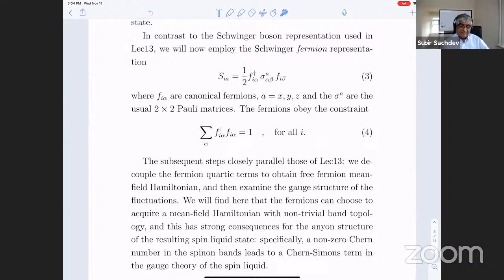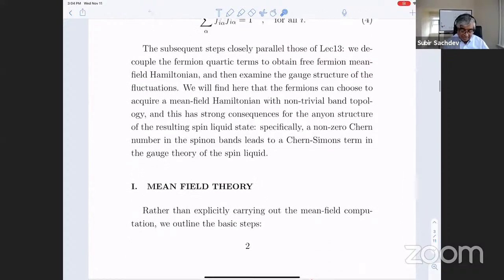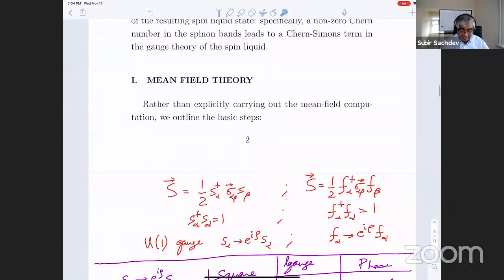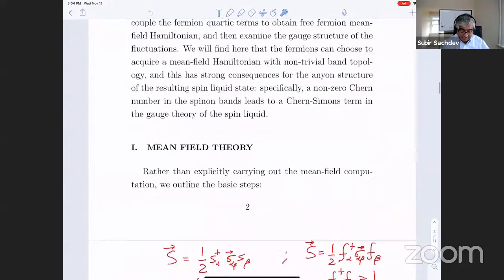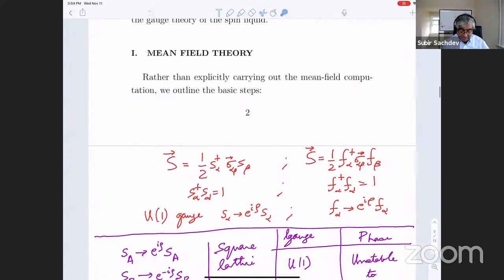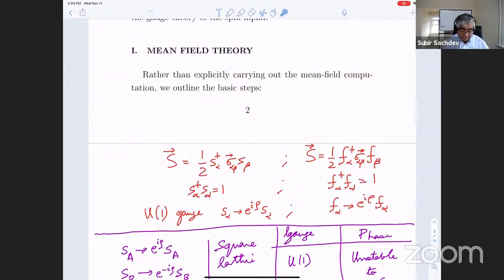No, as you can see from the way we proceed, we just guess some effective Hamiltonian for the partons. We don't actually work it out. But in principle, if you really worked hard enough, you should be able to start from either this representation or that representation and end up with the same answer.